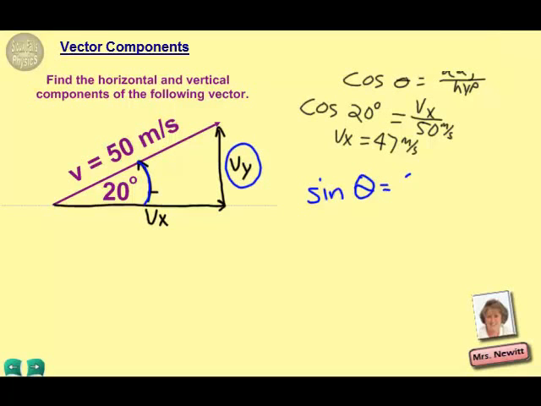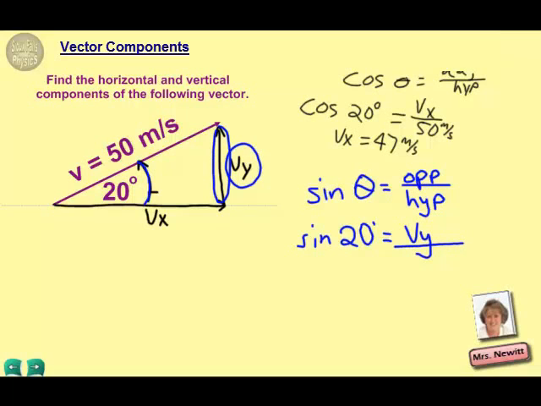So sine of the angle is opposite over hypotenuse, and so in this case, we could say the sine of 20 degrees is equal to v sub y, which is our opposite side here, divided by our hypotenuse, which is 50 meters per second.